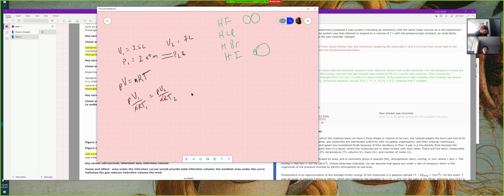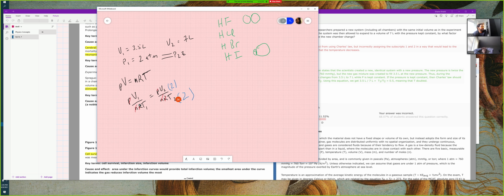So the volume doubles. So how can we rectify this in order for these to be equal? The temperature has to double as well. Correct.